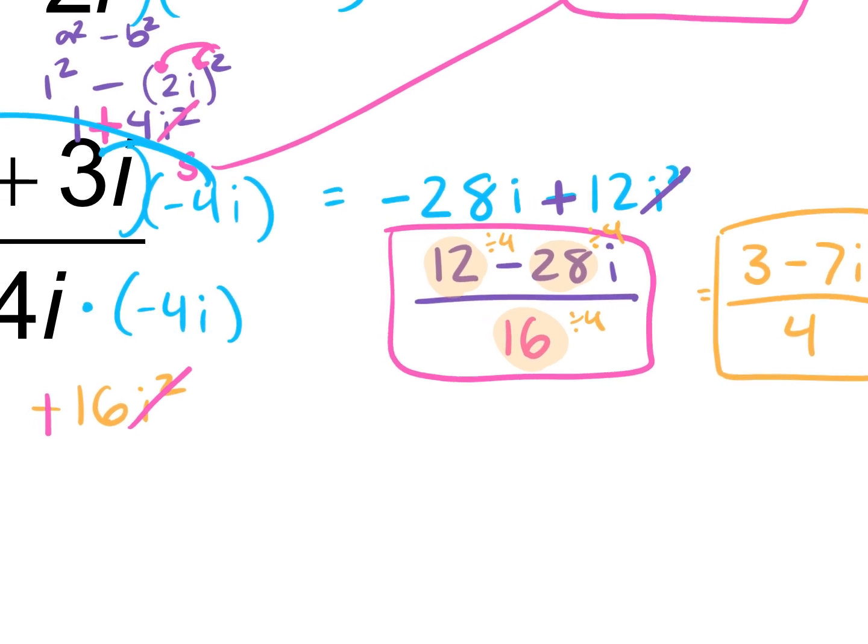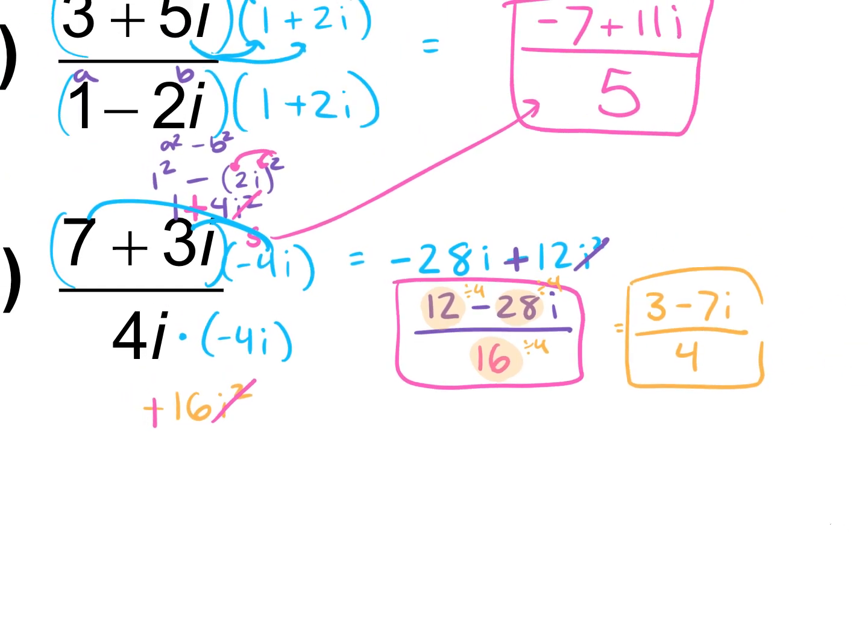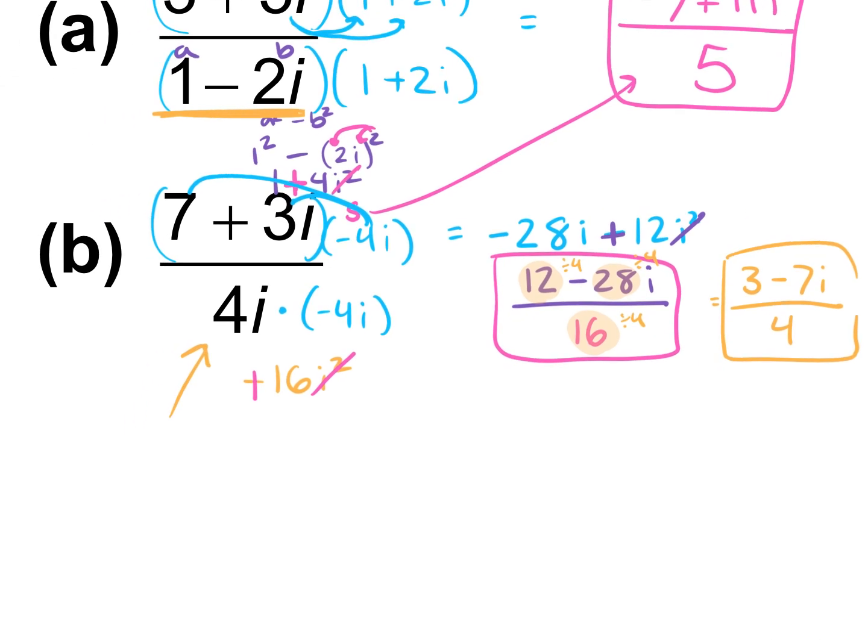So in the beginning, we could have just multiplied by an i, because we don't have 2 terms like we did in A. We only have that 4i, so we could have just multiplied by an i, and we wouldn't have had to simplify at the end. Again, it doesn't matter because you would have ended up with the same answer, but it probably just would have been a little bit less work. So if you only have the imaginary part, you can just multiply it by i.